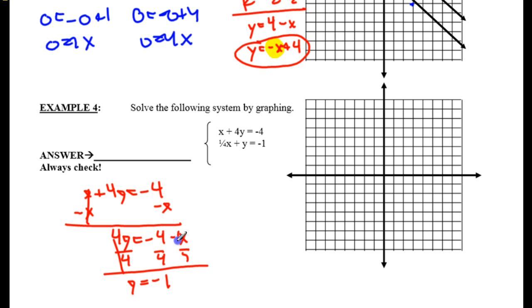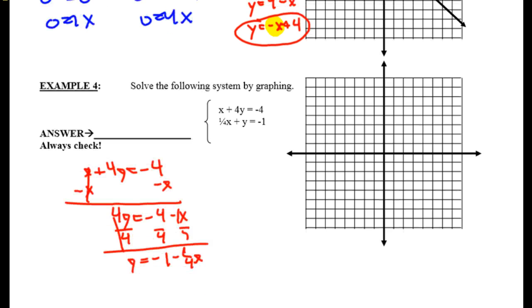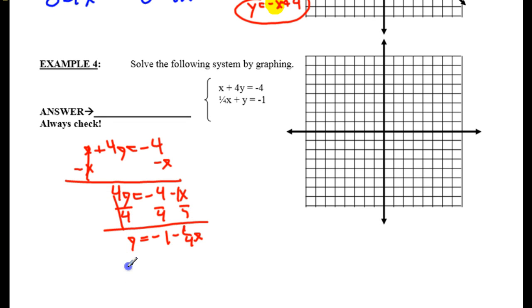And then remember, this negative x is negative 1x, so that's going to be negative 1/4 x. And then we just rearrange it. Bring your mx up front. Negative 1/4 x minus 1. Alright, so I'm going to write that on top of here. So this is it in slope-intercept form: negative 1/4 x minus 1. Okay?